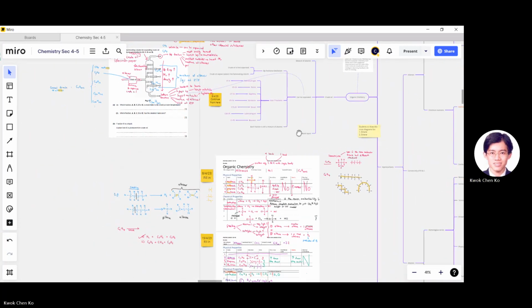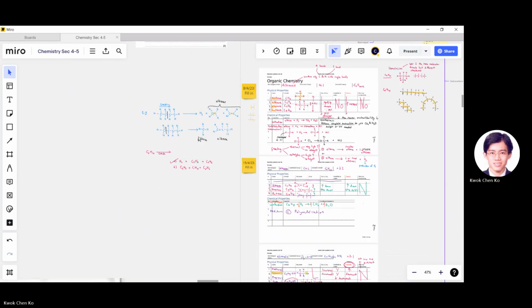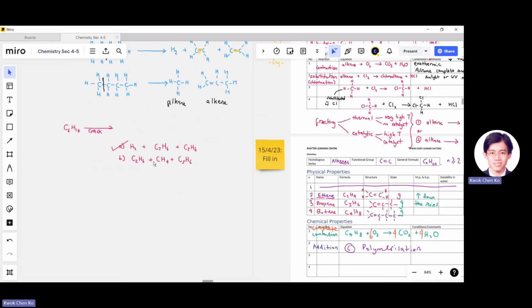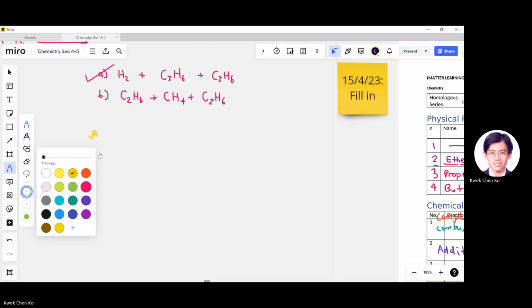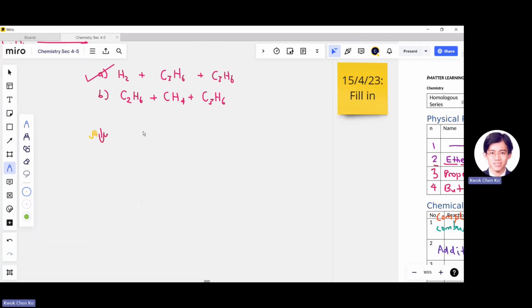Okay, just write the words saturated and unsaturated. Okay, Zayden, jot down too because this can come up and you try to get the marks for this. Now, very, very simple.